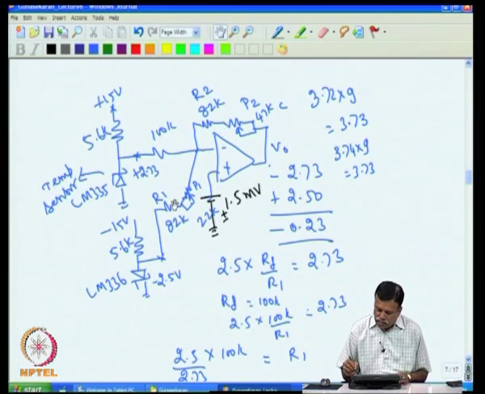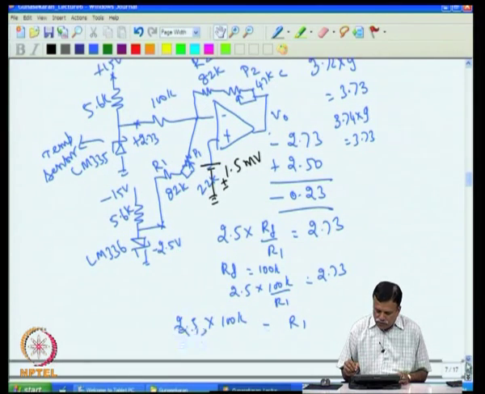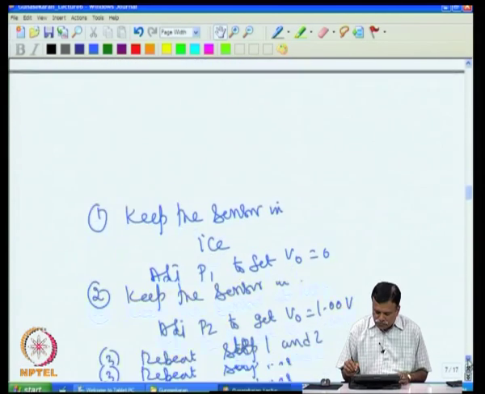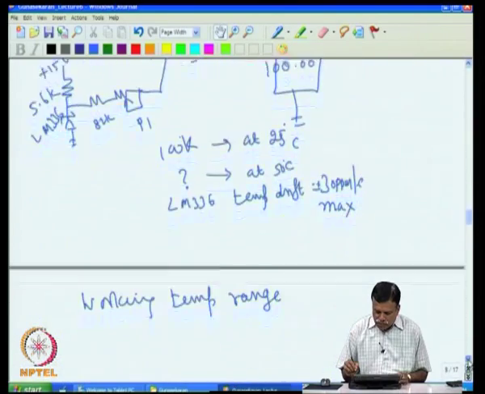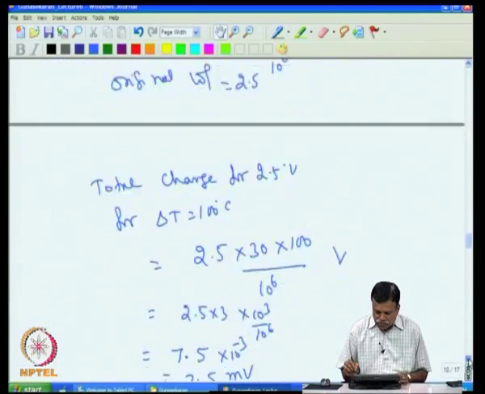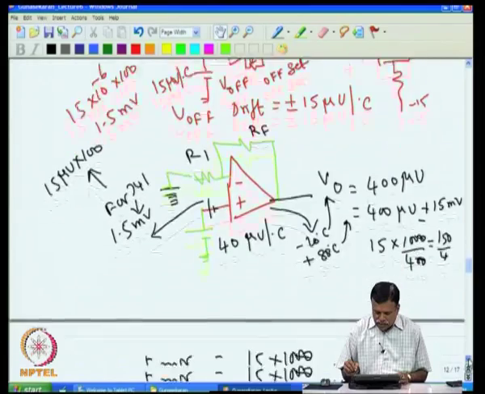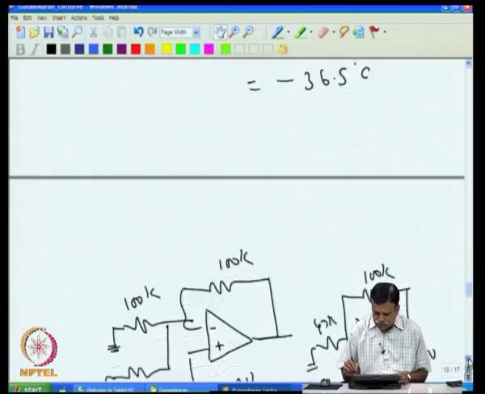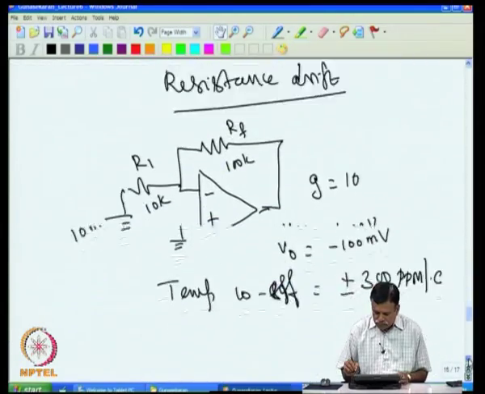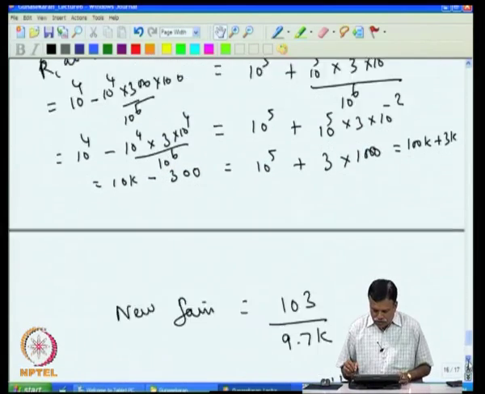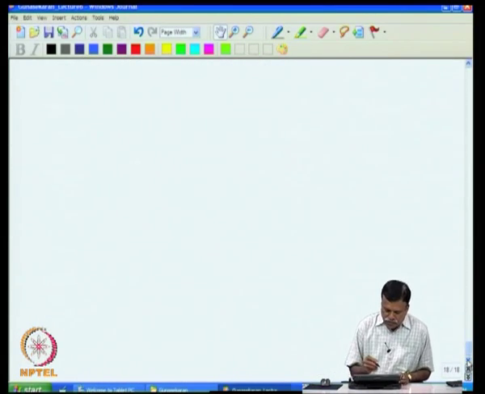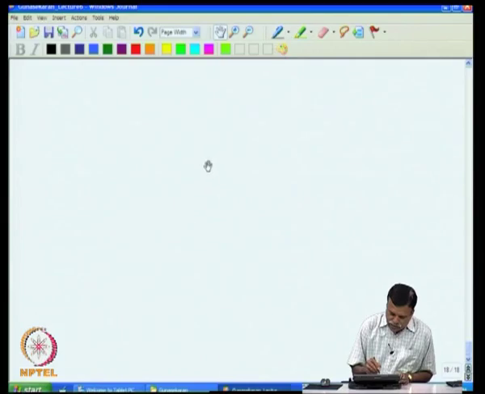So, now we take this circuit and work out what is the expected error due to resistance drift in our temperature indicator circuit. Let me take that circuit redrawn here, so that it is easier.